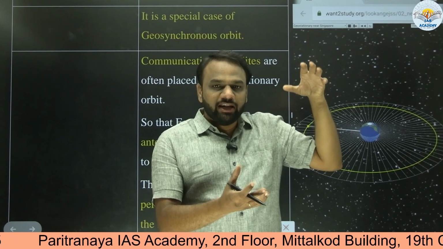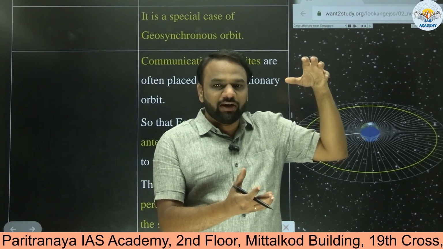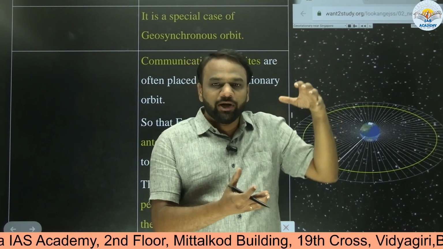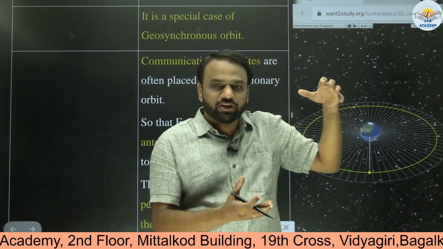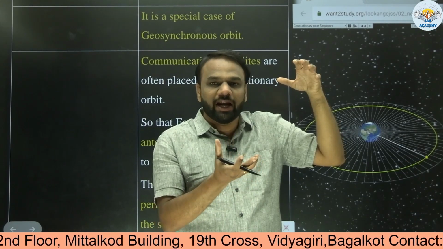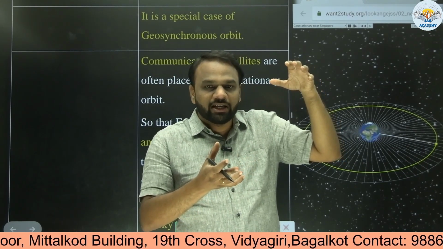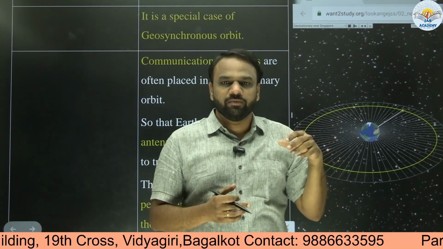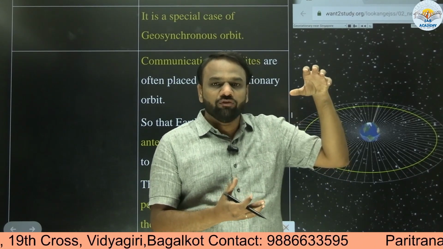At 10 a.m. if the satellite is in this position, then at 11 a.m. the satellite will be in this position. At 12 noon it will be in this position. So every time the satellite changes position, we will need to change the position of our antenna as well, because the antenna has to receive the information from the satellite. So we would have to change the position continuously in a day. But because the satellite is in geostationary orbit, there is no such requirement.